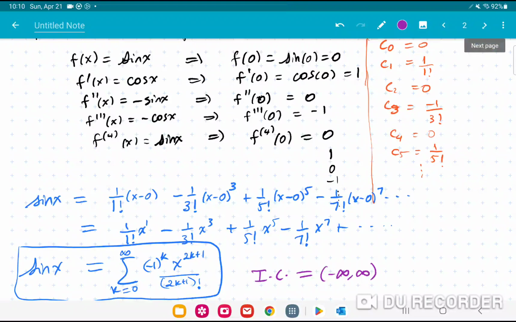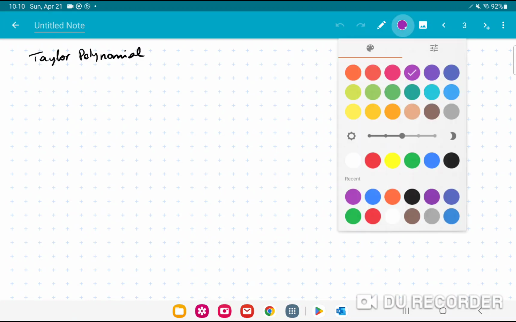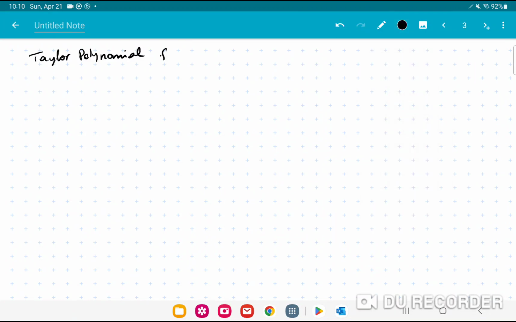The next example I want to do is the Taylor polynomial for the function f of x equals cube root of x at a equals 8. Actually, we want to do the third degree Taylor polynomial. Okay.